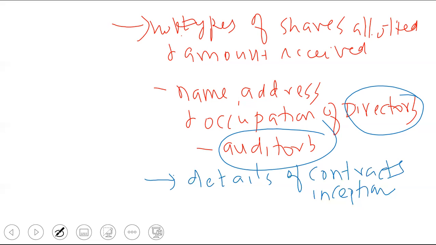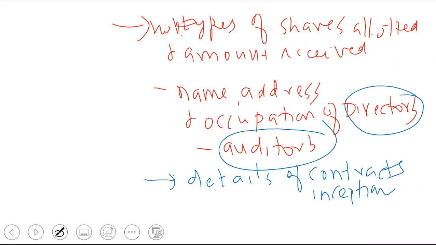Inception means starting date. From the starting date till now, how many contracts the company has entered, what is the amount, and how far the contract is completed. That is something more important. For example, companies like Infosys, Tata Consultancy Services, TCS, Wipro, they have a lot of foreign assignments.